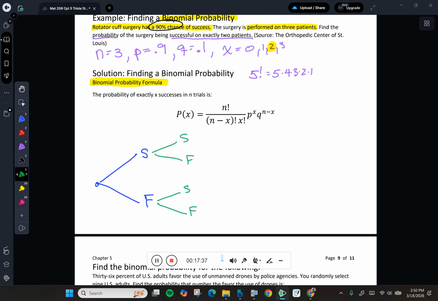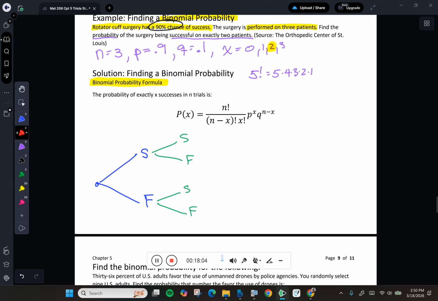So the blue represents the possible outcome if I have one surgery. The green branches now say, well, there's now 4 possible outcomes if we have 2 surgeries. We could have one path up here that is success, success, or success, failure, or failure, success, or failure, failure. 4 different possible paths that could occur.